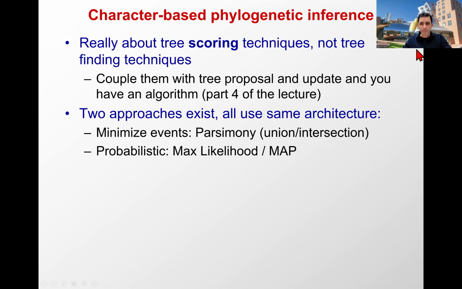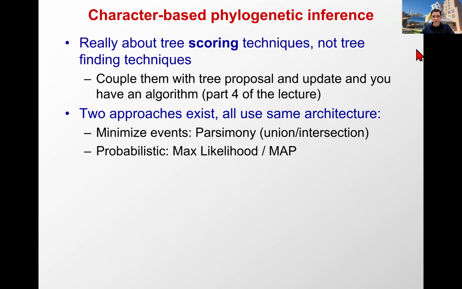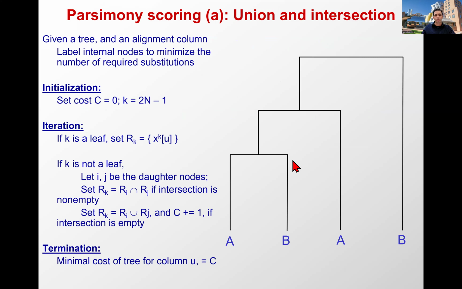So we need to couple them with a tree finding algorithm. And that tree finding algorithm is going to be some kind of tree proposal and update, and that's going to be part 4. And there are 2 approaches which use the same architecture. One seeks to minimize events, and that's parsimony. And the other one is probabilistic, and that's maximum likelihood or maximum a posteriori.